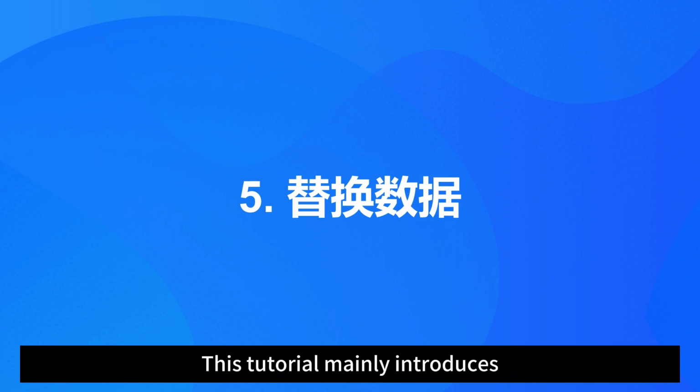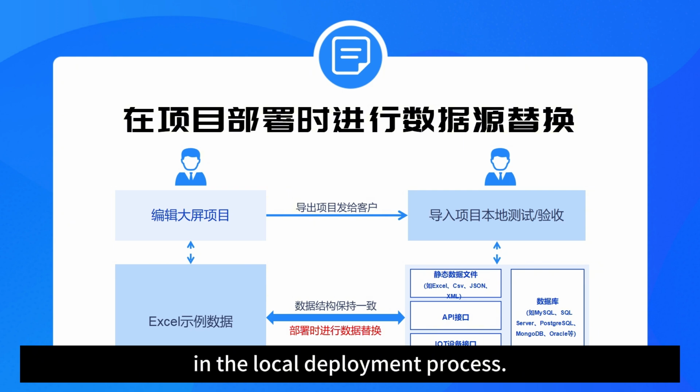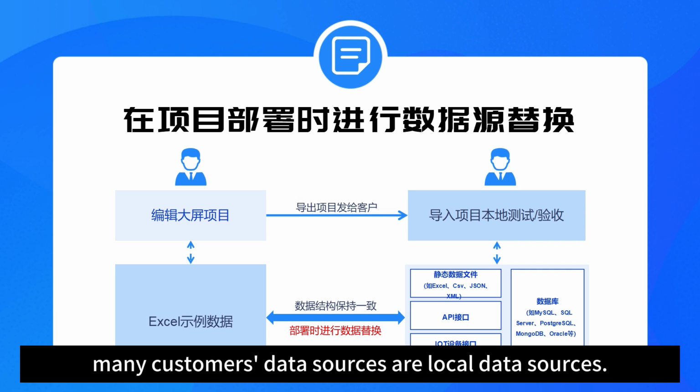This tutorial mainly introduces how to replace data. Replacing data usually happens in project delivery, in the local deployment process. In the previous data organization tutorial, we introduced that many customers' data sources are local data sources.